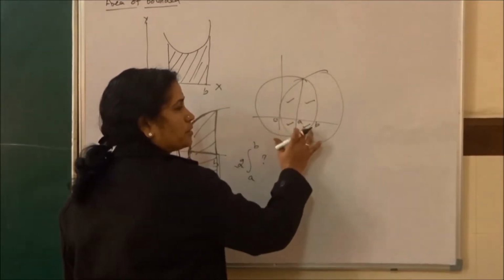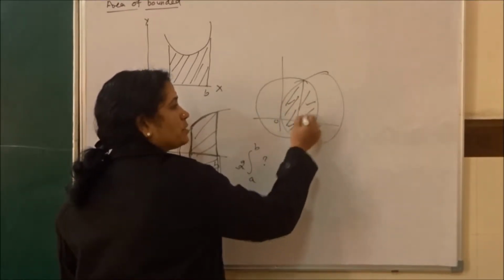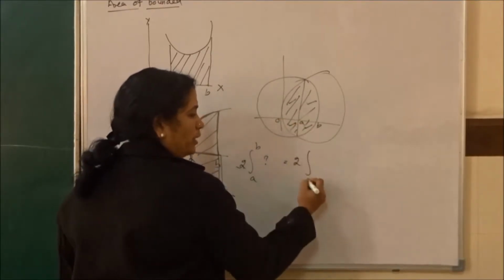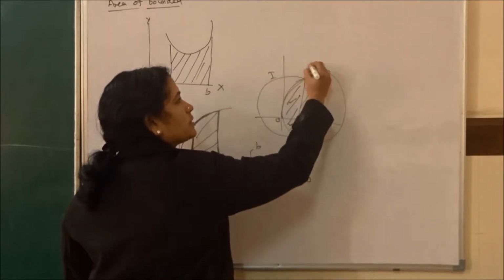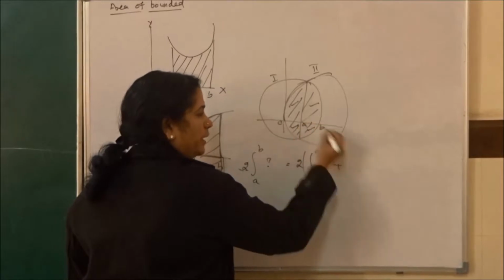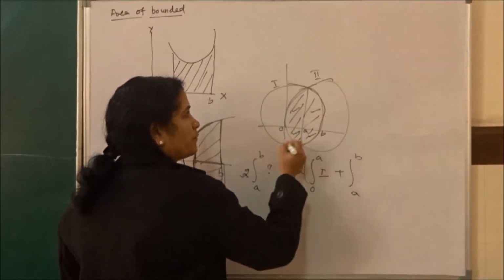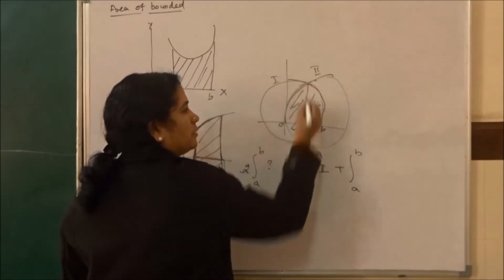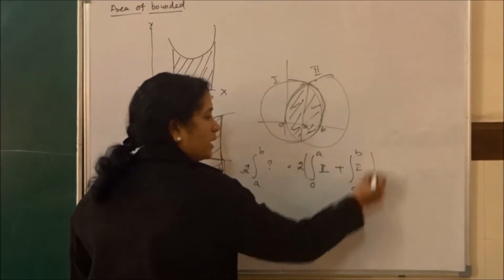So if you need area of this part, what you have to do is twice the integral 0 to A of the second circle, plus the integral A to B of the first circle. So 0 to A is the second circle and A to B is the first circle, like this.